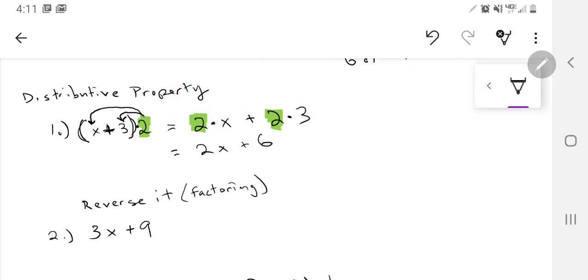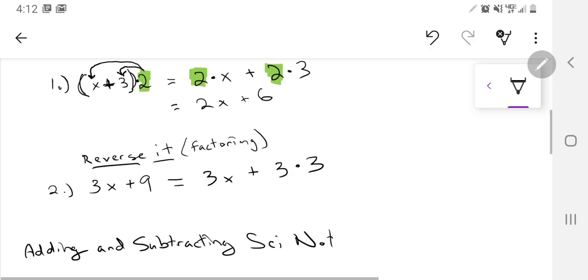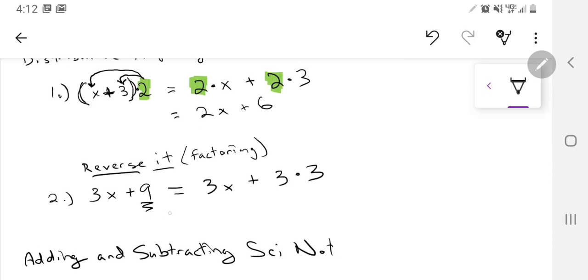Now, what we're going to do in this lesson more so is we're going to reverse it. We're going to look for the common factors, and we're going to pull that outside of the parentheses. So in this case, we could rewrite the 3x plus 9 as 3x plus 3 times 3. Notice how I rewrote the 9 as 3 times 3. All right, why did I do that?